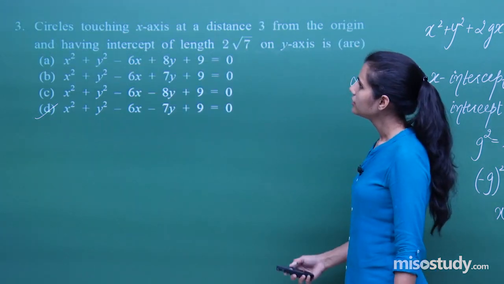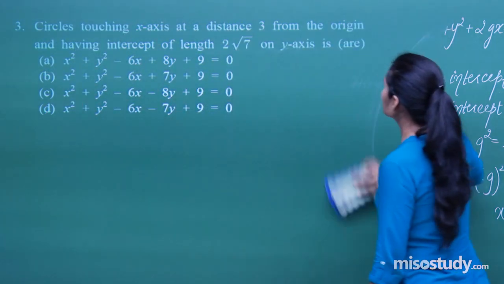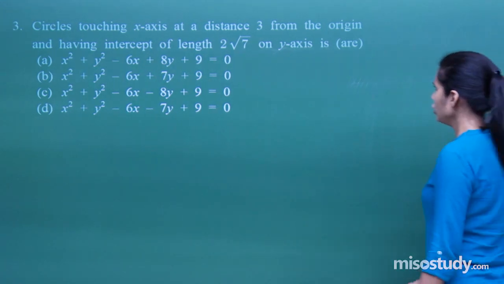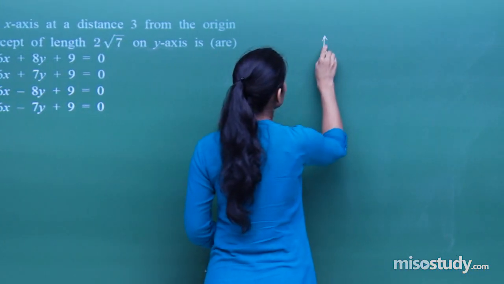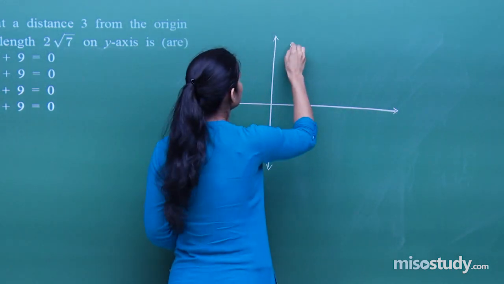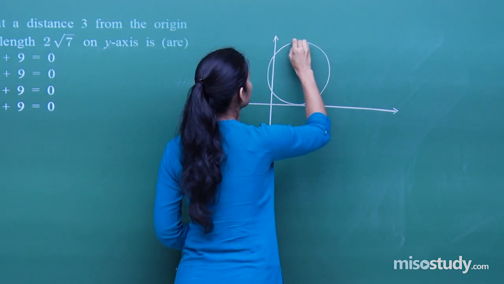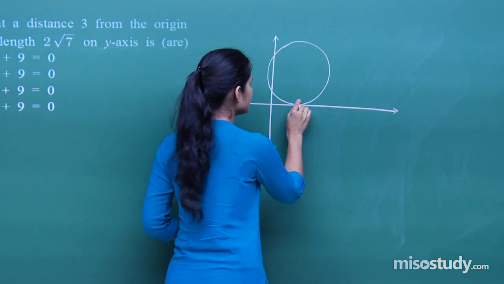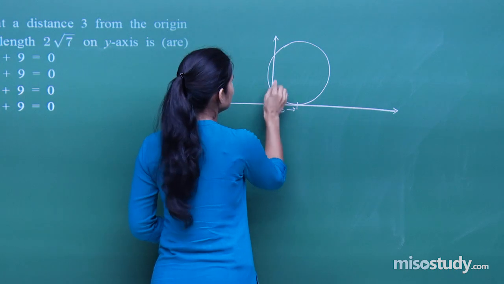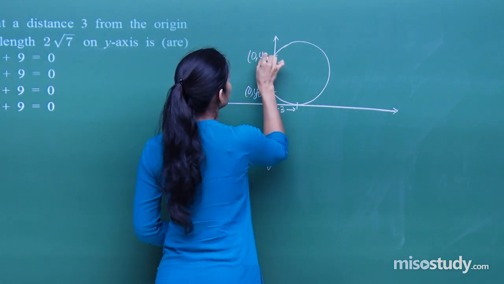Moving to the next one, we have circles touching the x-axis at a distance of 3 from the origin and having intercept of length 2√7 on the y-axis. So the situation basically is that the circle is there which is touching the x-axis at 3 units, and these are 2 points (0, y1), (0, y2).